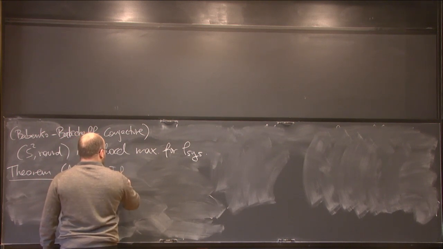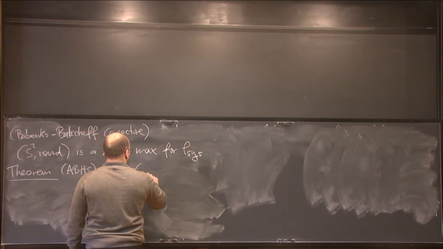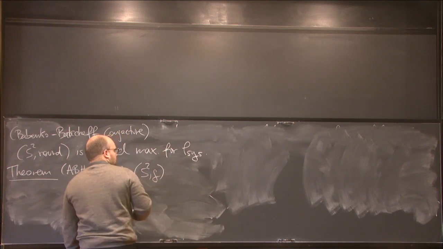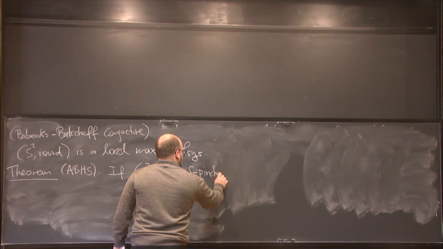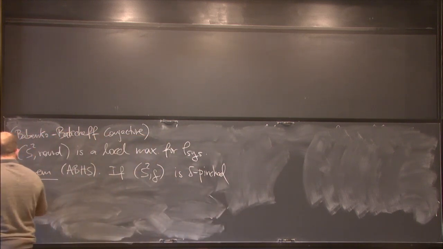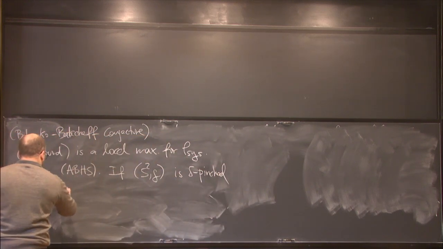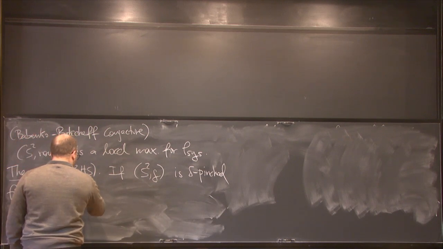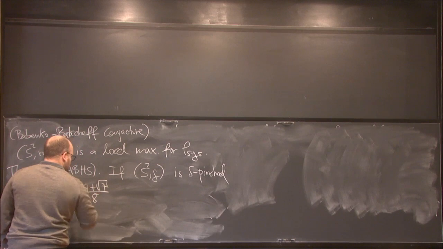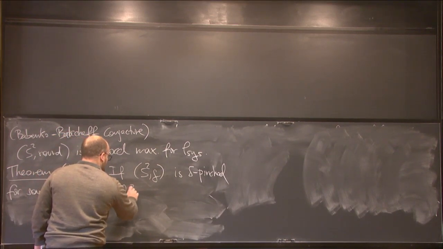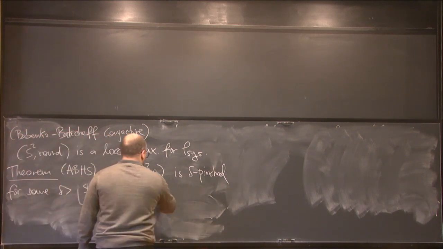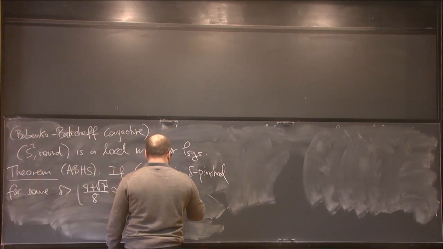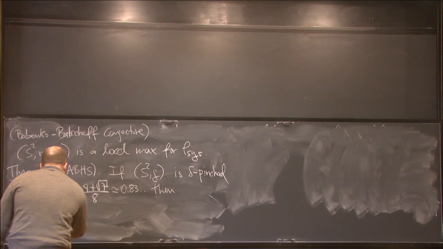If the Riemannian two-sphere is delta-pinched for some delta bigger than the following constant, this is about 0.83, then one has the following chain of inequalities.